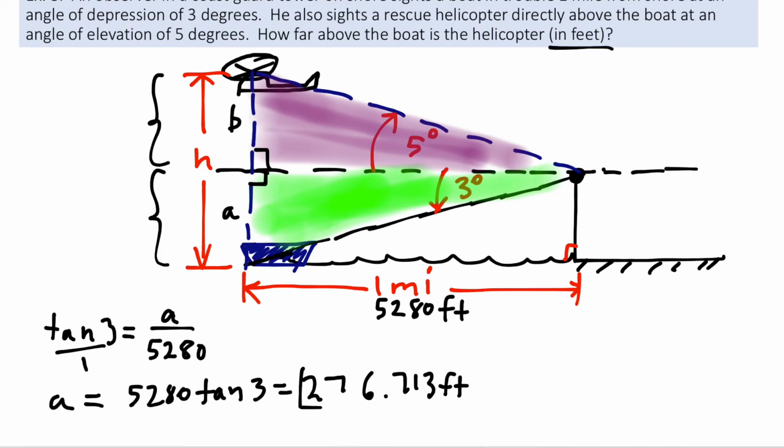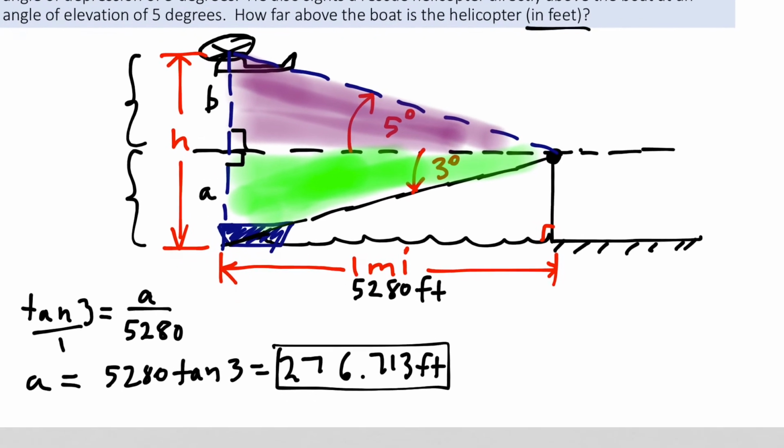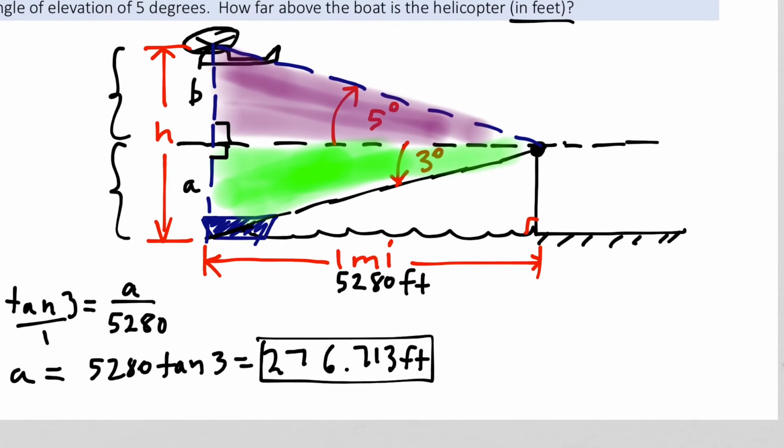So that's one of the numbers. Now let's do something similar for the purple triangle. Standing on this 5-degree angle, this is my opposite side, and the same side here is my adjacent side, 5,280 feet. Once again, the tangent of 5 degrees is equal to B over 5,280.